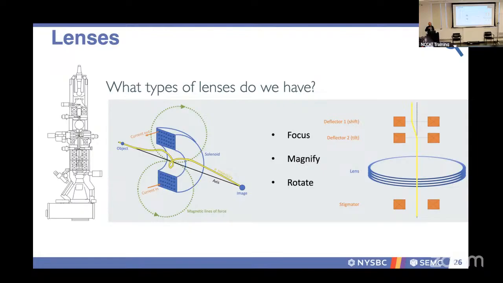So when you change your mags, you'll notice that there are set magnifications which help align and make sure your image is always in the same place. We have a few microscopes with extended mag range, and then you'll notice that your image might rotate, or depending on the lens systems you're going through, it might be flipped.